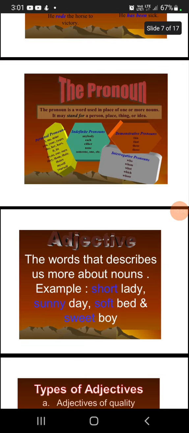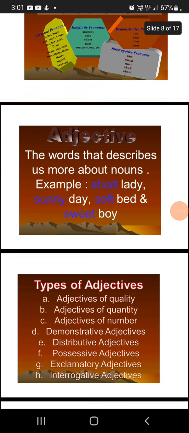We have already seen every pronoun type. And adjective is the word that describes more about nouns. We have seen the examples: short lady, soft bed, speedy boy.